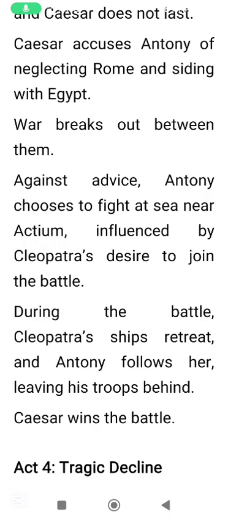So during the battle, Cleopatra's ships retreat. Now I want you to get this point very well. Why were they at the battlefront fighting? Mark Antony is being supported by who now? By Cleopatra and Cleopatra's what now? Men. That is his army. This time around, the fight is on, and something happened.